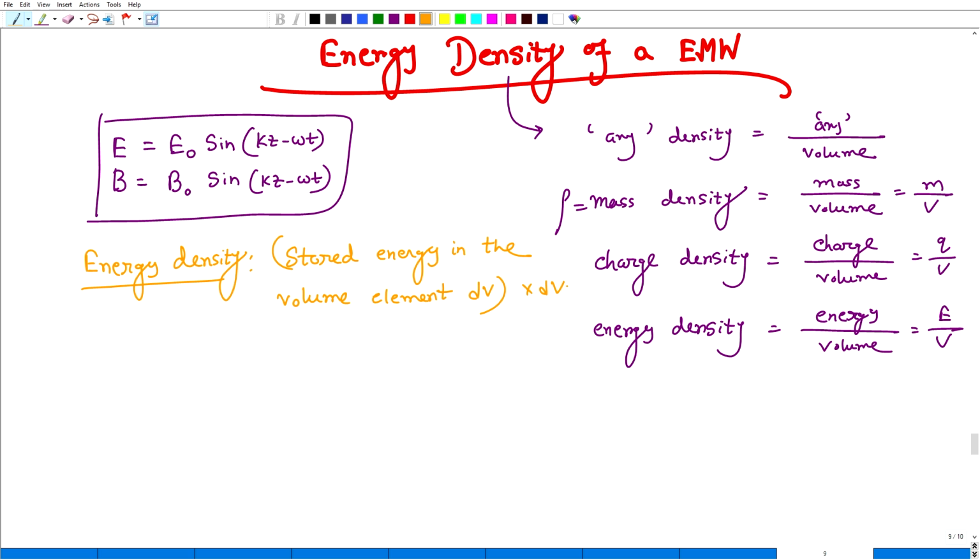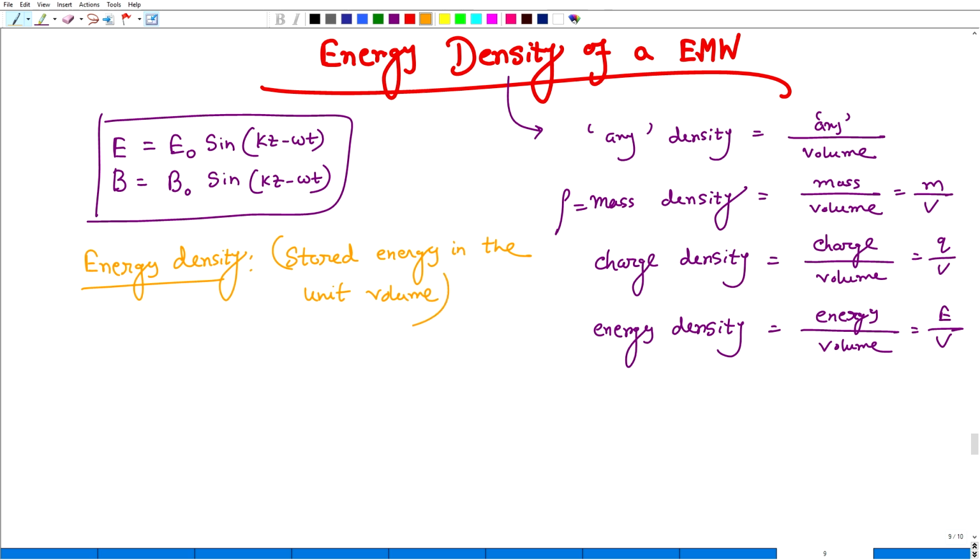If the volume element is dV, then it will be the total energy, right? Sorry, so this is the energy density. If we consider the unit volume, okay, there is a confusion, let me erase this part. Now it is clear: energy density is the stored energy in the unit volume.